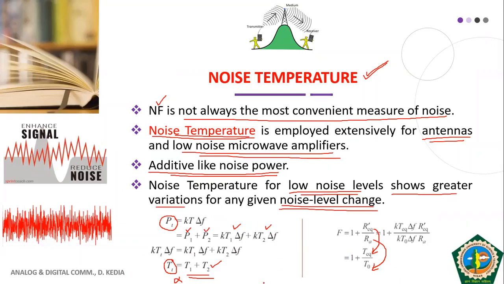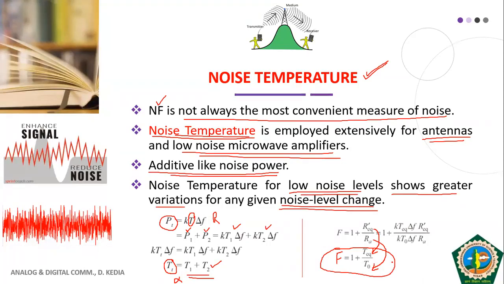So your noise figure can be expressed in terms of equivalent temperature as 1 plus Te upon T naught. And we already know that noise power is proportional to resistance. Noise power is also proportional to the absolute temperature. So by taking that into consideration, we have represented our noise figure in terms of equivalent noise temperature as well.